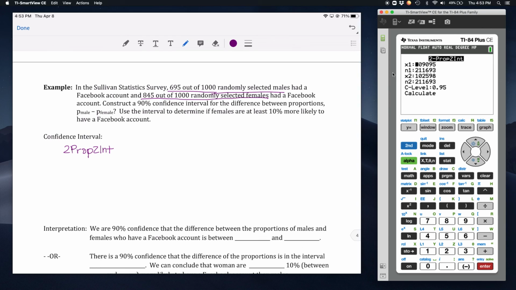So the first thing they ask you is for the N1 and X1. So you got to decide. In this case, since I put males first, we're going to want to do males first as well. So in our males, we had 695 out of 1,000.